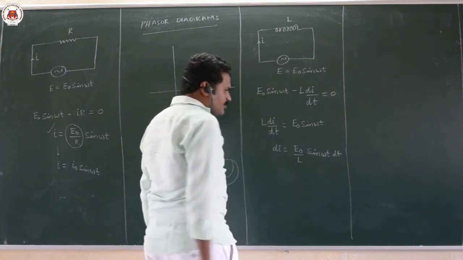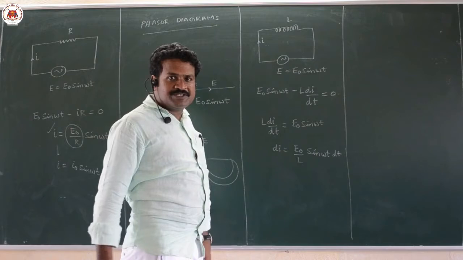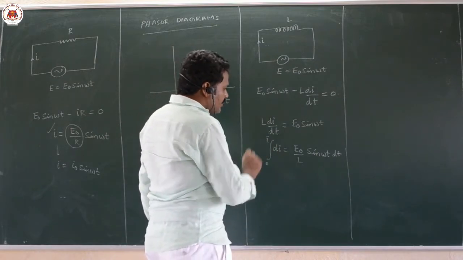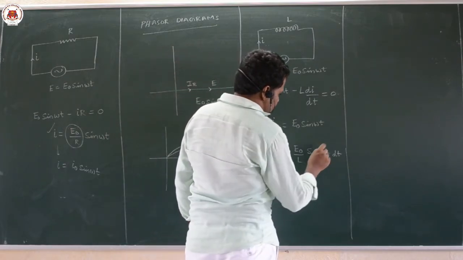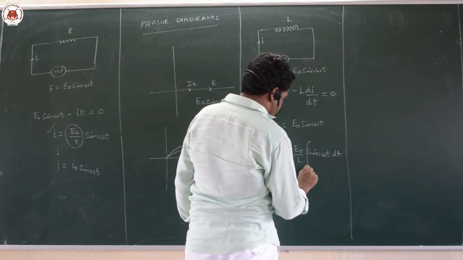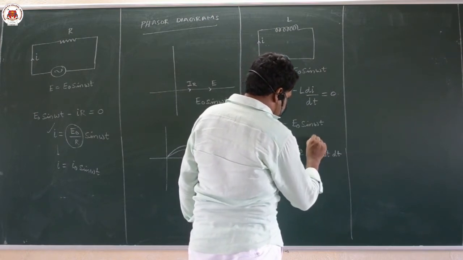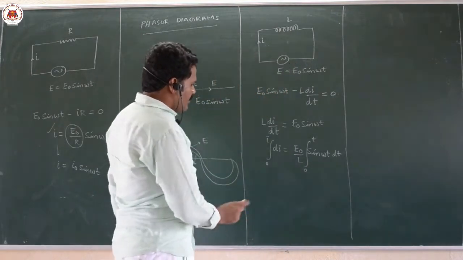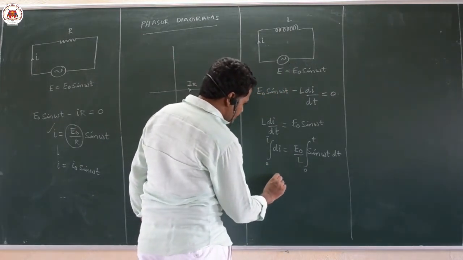Now to get the total value of current, let us integrate this from 0 to I, and the right side from 0 to t.